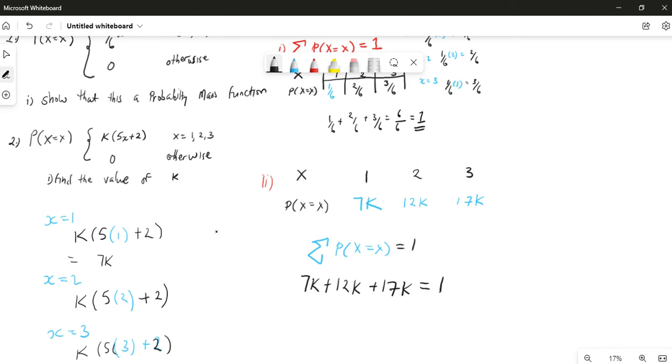What is 7 plus 12? It is 19. 19 plus 17 is 36. So 36k equals 1. We divide both sides by 36. k equals 1 over 36.